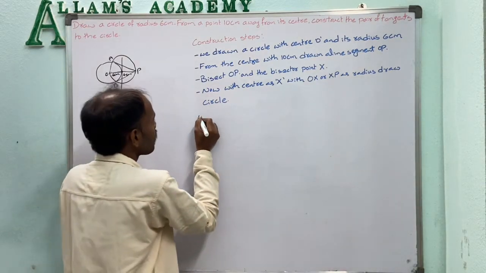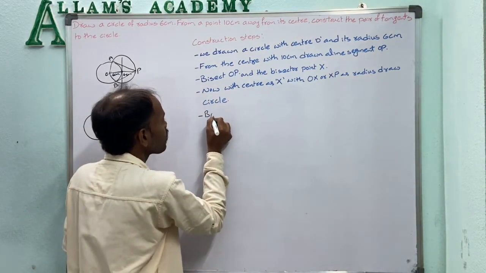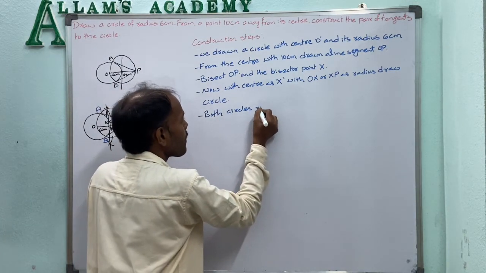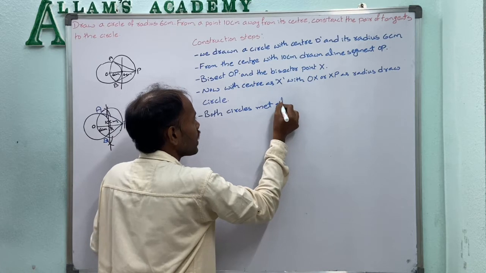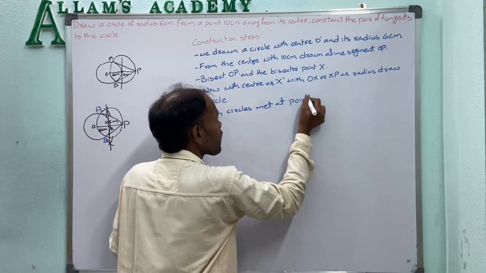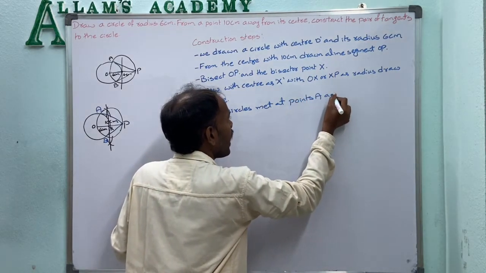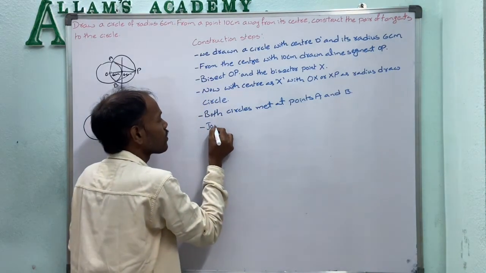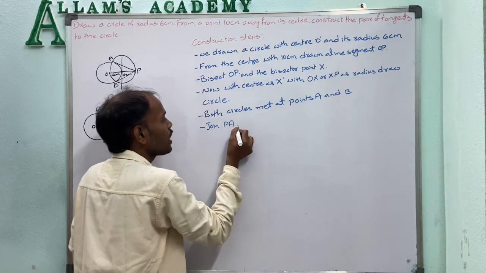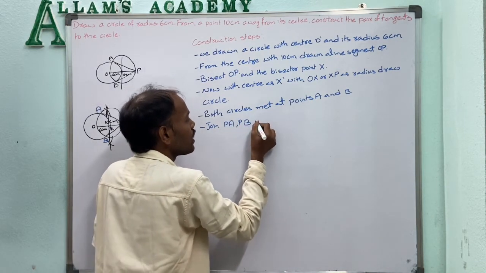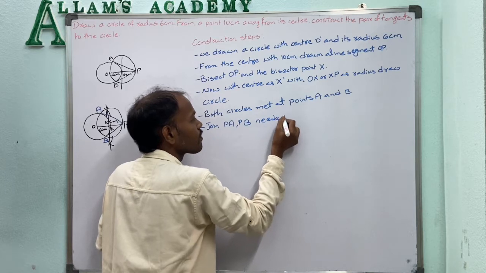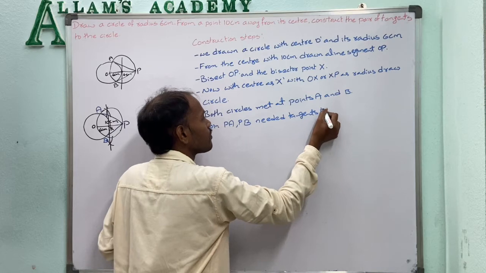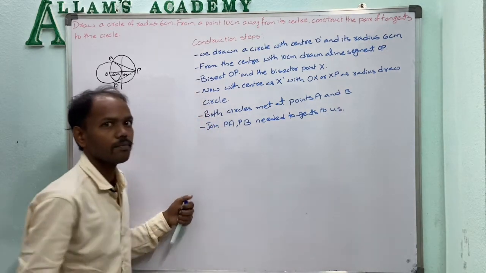Okay, so both circles meet at points A and B. Now join PA and PB, the tangents needed.